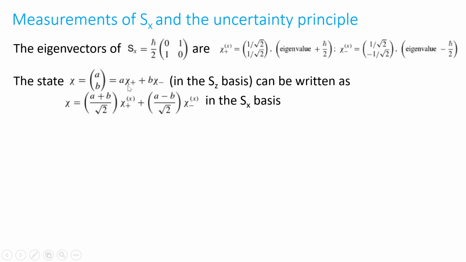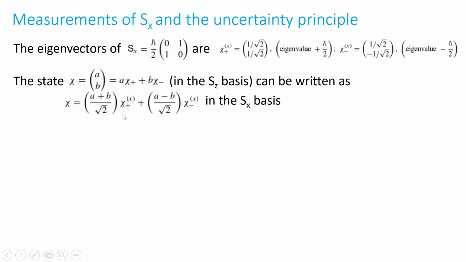You can check that if you write out these eigenvectors in the Sz basis and multiply them out, you get a times chi plus b times chi minus. If you just write these out as 1 over square root of 2 chi plus, 1 over square root of 2 chi minus, and substitute them in here and multiply all out, you'll get this same thing. So this is just re-expressing the same spinor in a new basis, the Sx basis.